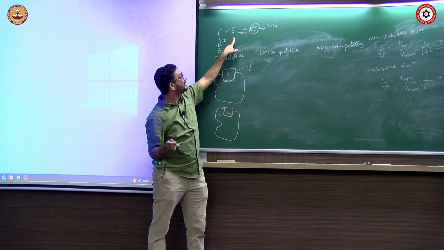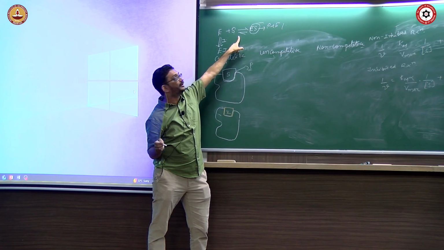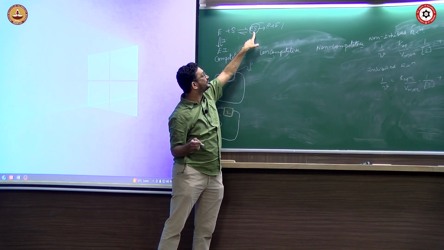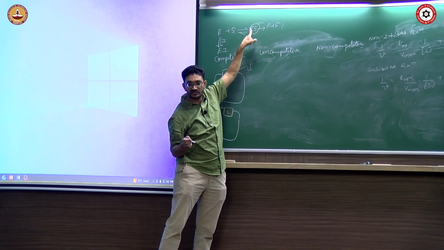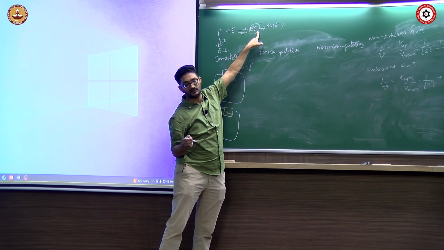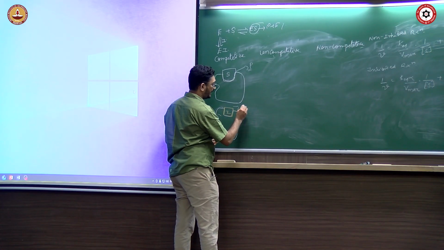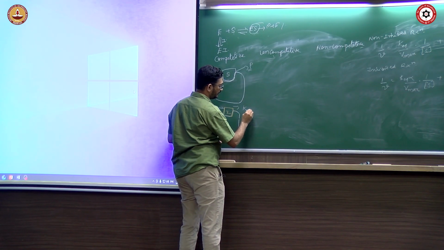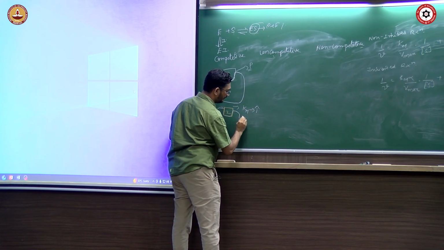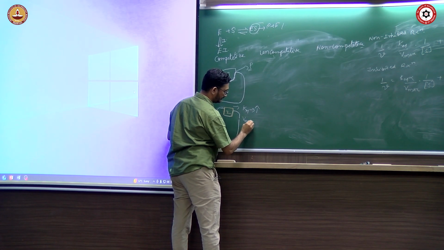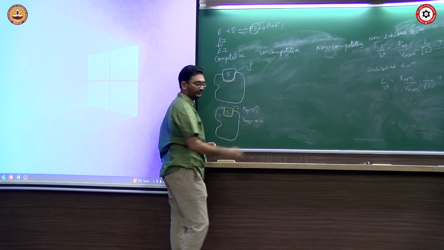So in this case, your Km is going to be affected, but your Vmax is not going to be affected because you are still forming the ES. Okay, so in competitive inhibition, your Km is going to increase, whereas Vmax is not going to change.